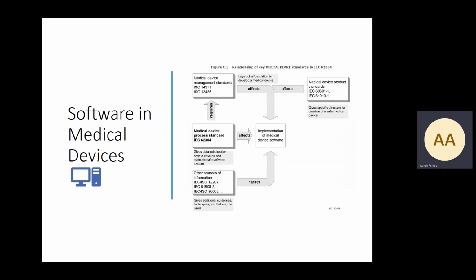This slide, I just want to make sure and illustrate, it provides a very clear illustration. In order to implement medical device software, it shows the relationship of the different standards, which this diagram comes directly from the 62304 standard.